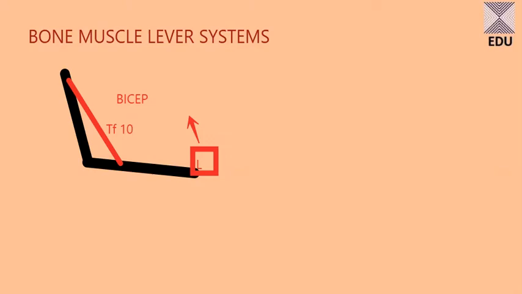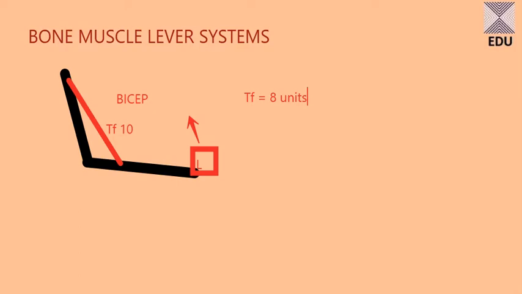Otherwise, you are unable to lift this load. Suppose your muscle is producing a tensile force of 8 units, I'm just taking arbitrary units. If it is producing 8 units, the load will be lifted up to some extent, but you cannot lift it up to the desired level.